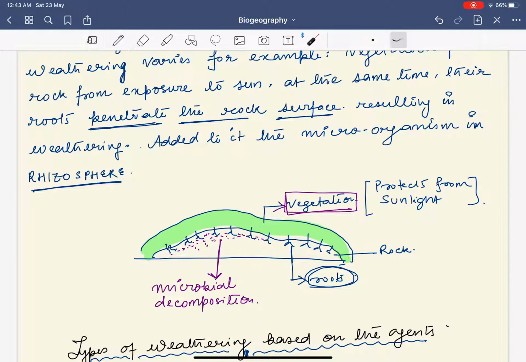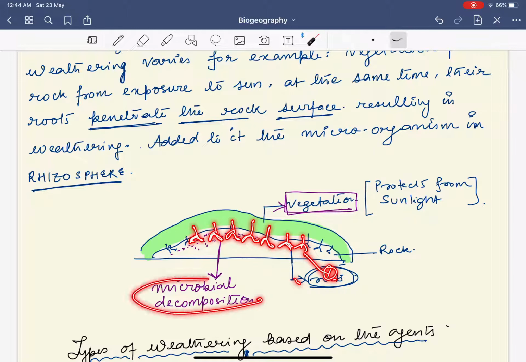On the surface we have vegetation. This vegetation will protect the surface from the sunlight, number one. Again, it will protect the surface from your rainfall. But think of the roots of this vegetation penetrating deep into the surface. What will they do? They will crack the surface, number one.